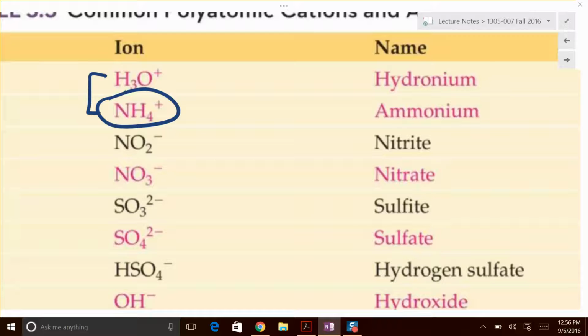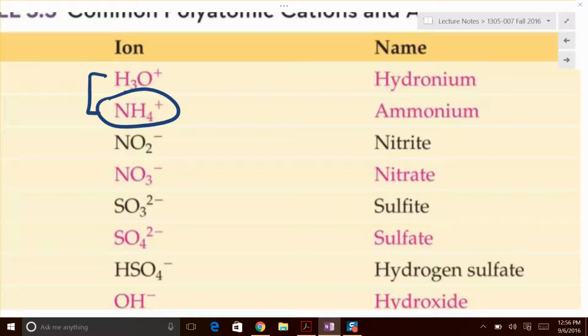So you need to make sure you know that that's an ion, and when you see it, you know that compound is ionic, because anytime you have these polyatomic ions in your compound, it is ionic. So you do not say how many you have of stuff.